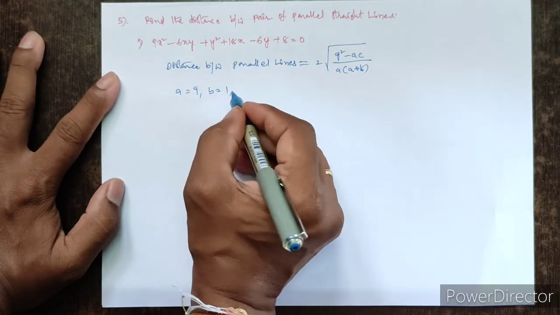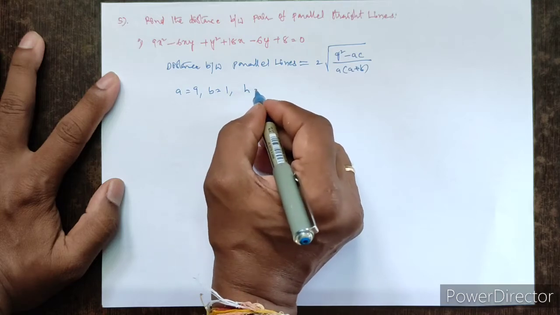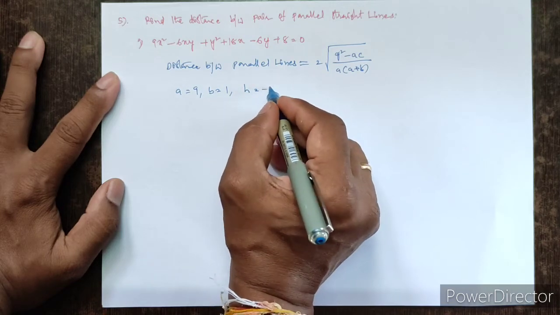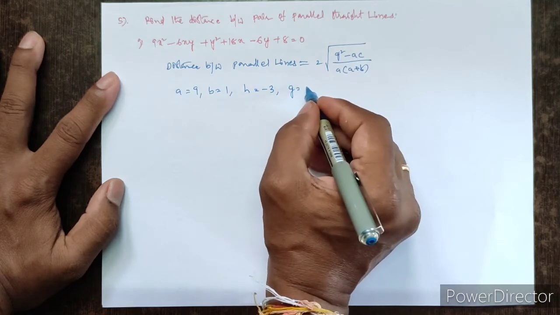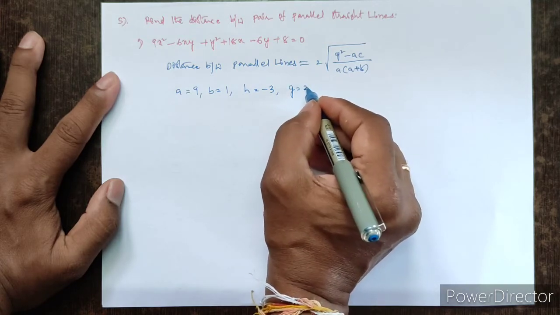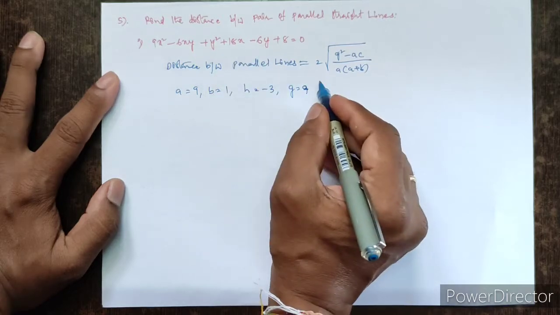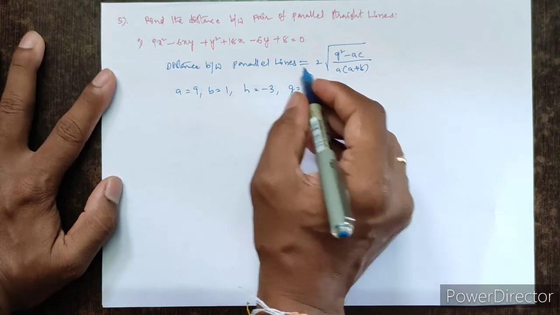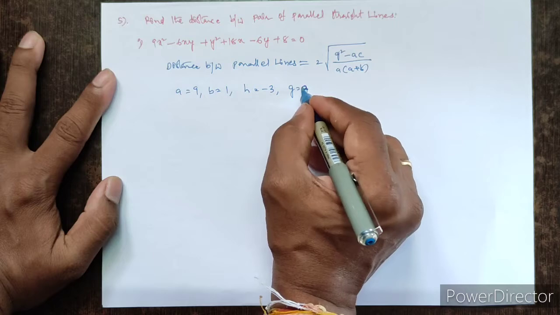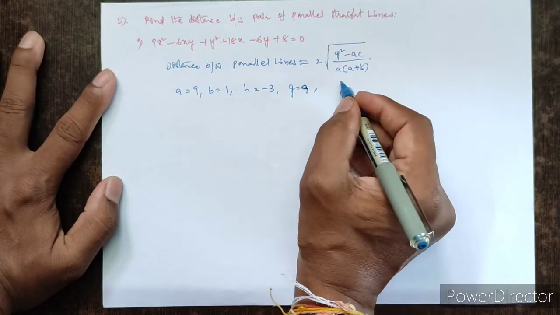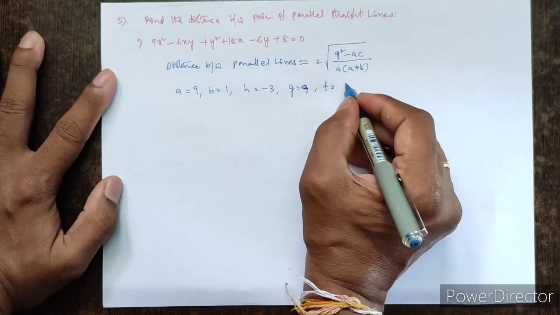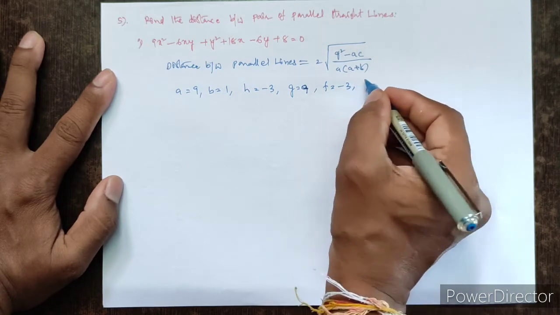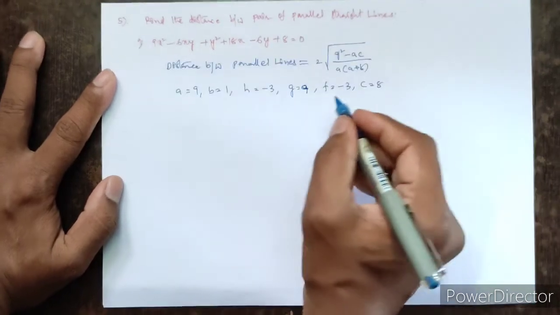Coefficient of y square, that is 1. What is h? Coefficient of xy, that is minus 3. G is the coefficient of x, that is 18. 2g equal to 18, then g equal to 9. What is f? F is the coefficient of y, that is minus 3, constant equal to 8.